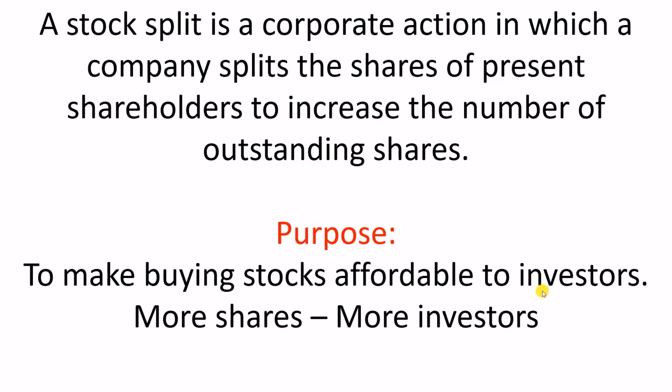So what does the company do? The company splits the big stock into many small pieces to attract customers, or in this case, investors. So when the price is less, you have more investors buying the stocks. To make it affordable, they split the stocks. And when the company has more shares, more investors would come in and invest in the company.